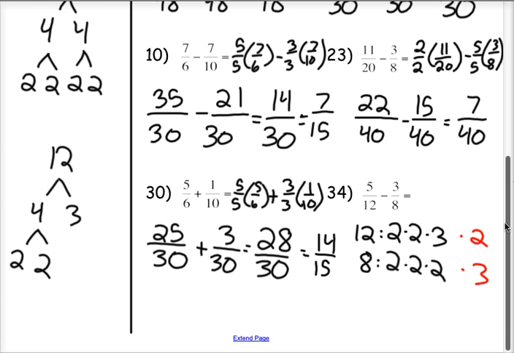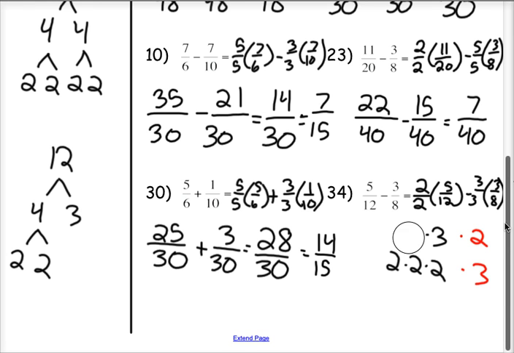So to rewrite these, we said the 12 is missing a 2, so that's what we're going to multiply top and bottom by. We said the 8 is missing a 3, so I'm going to multiply the top and bottom by that 3. So the first fraction, I get 10 over 24.